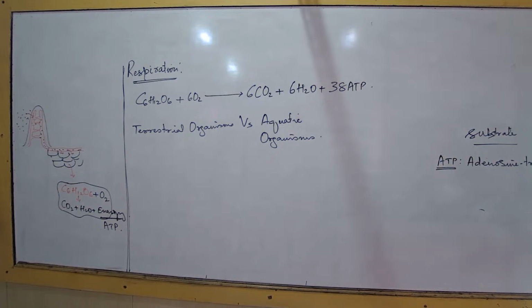What advantage over an aquatic organism does a terrestrial organism have with regard to obtaining oxygen?